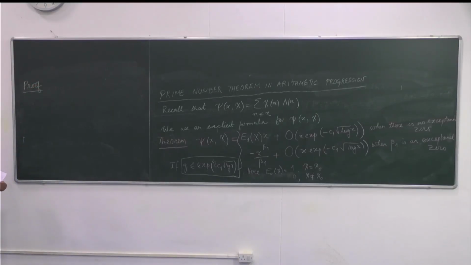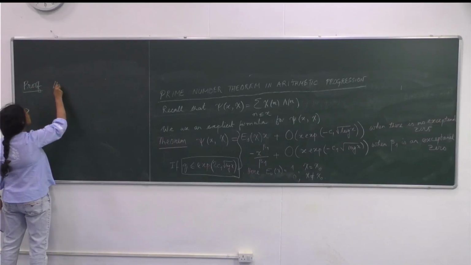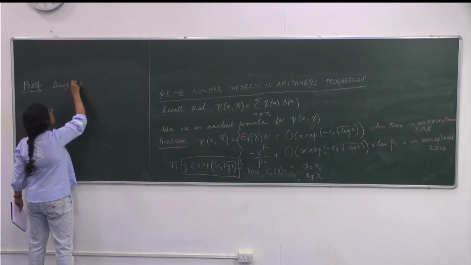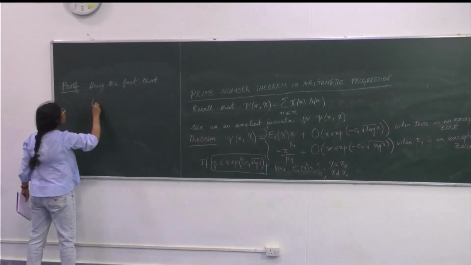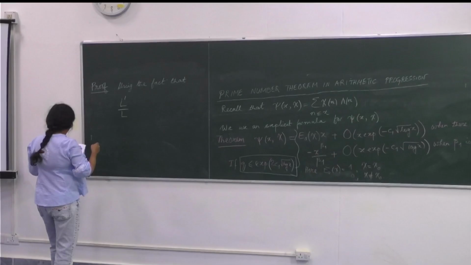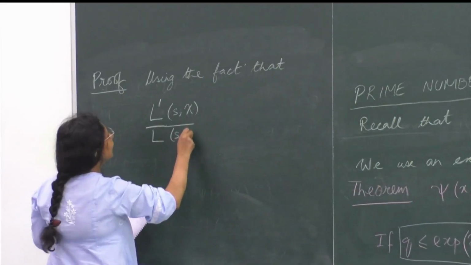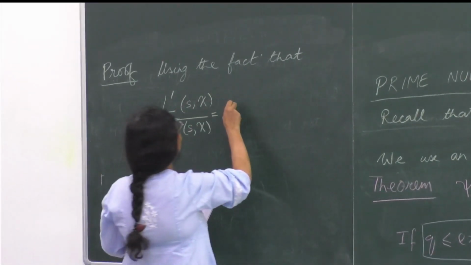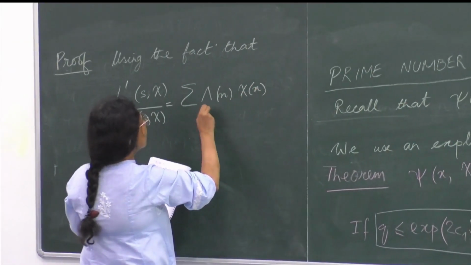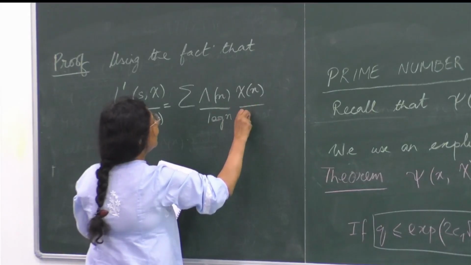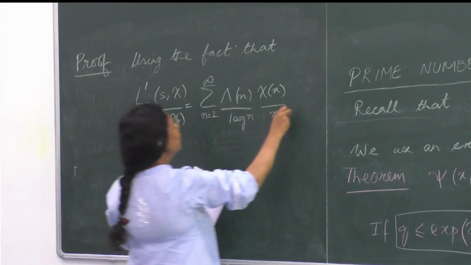You remember that if I take L prime by L of s chi, then this is equal to the summation of lambda n chi n by n to the power s for n going from 2 to infinity, and sigma greater than 1.